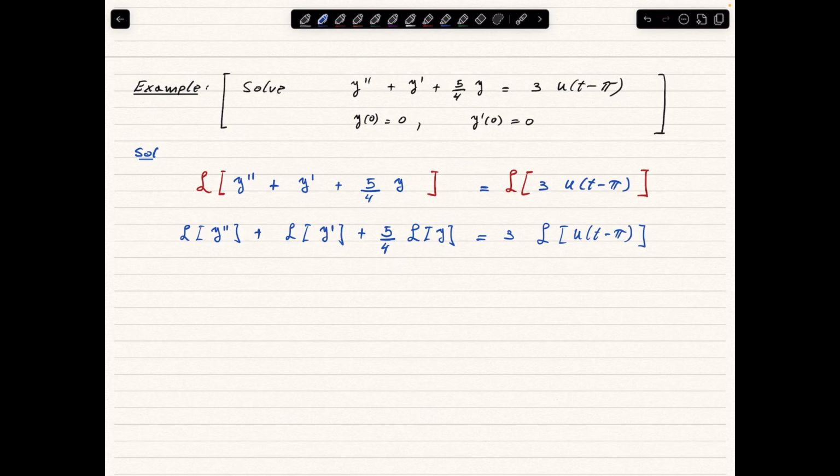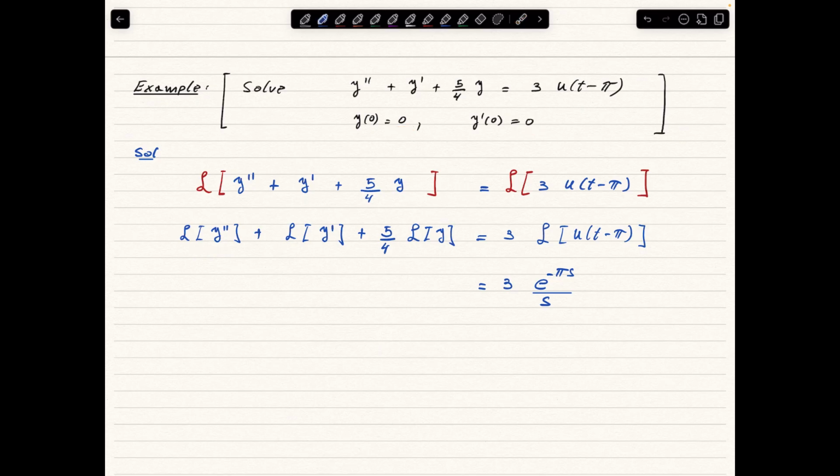Okay, so now we know what this Laplace transform of the step is. We just computed it. So on this side we have 3, and the Laplace transform of the step is exponential negative pi s over s. And on the left side we use the property of the Laplace transform that turns derivatives into multiplications, because we don't have any non-zero initial conditions.